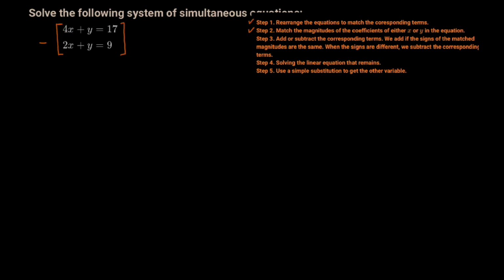This is specifically important when you're dealing with negative signs or multiple signs. So 4x minus 2x gives 2x. Then y minus y gives 0. This is the reason why we were subtracting here.